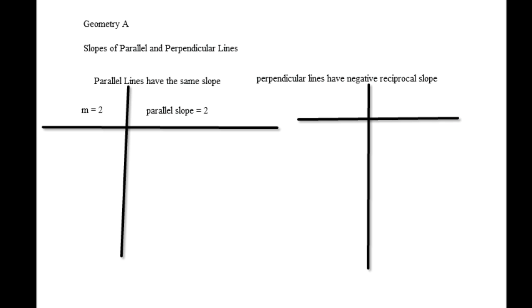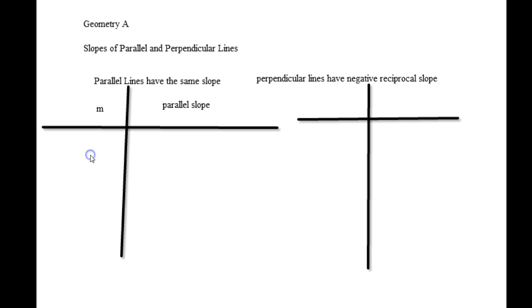Okay, just so you guys can see it. Okay, so if my regular slope is 2, my parallel slope is 2.